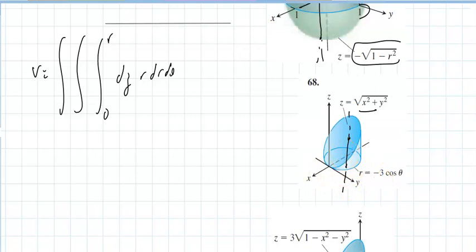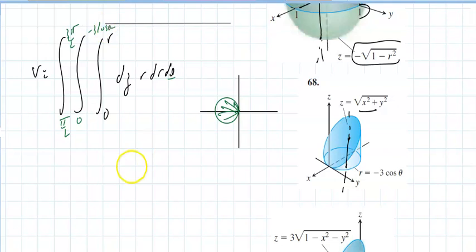If you're not sure, it's a circle, oops, on the negative x-axis. It's running from pi over 2 to 3 pi over 2, and r is running from 0 to negative 3 cosine of theta. And again, that takes care of business.